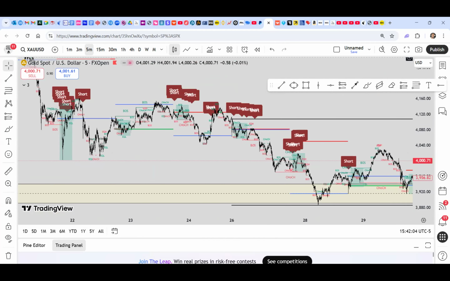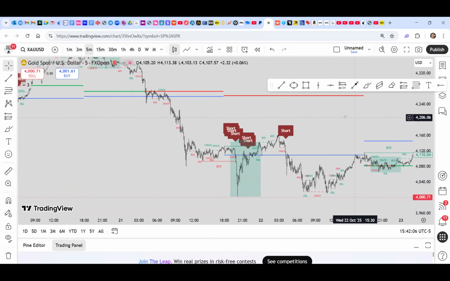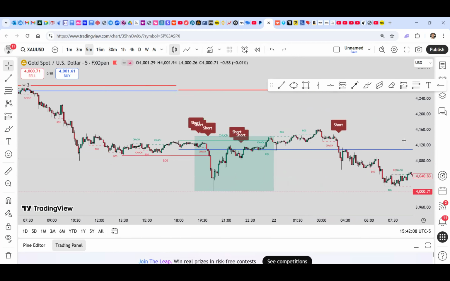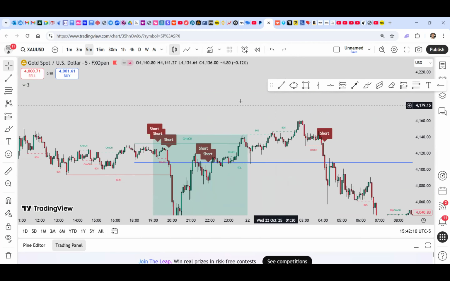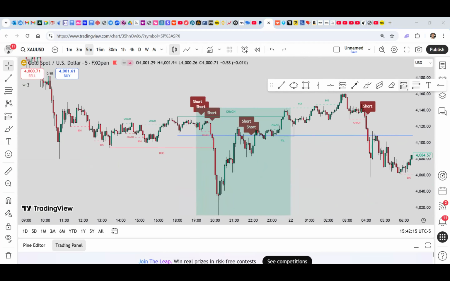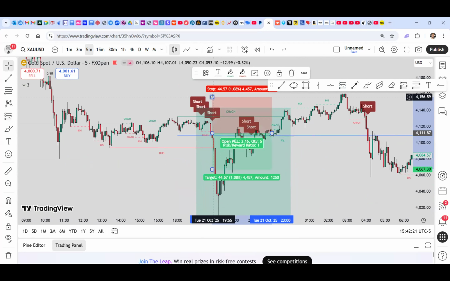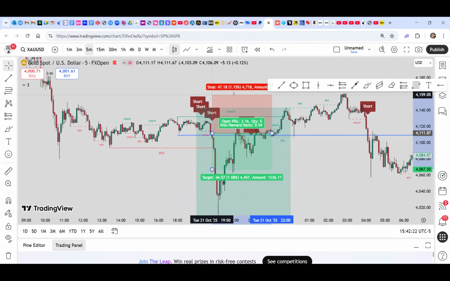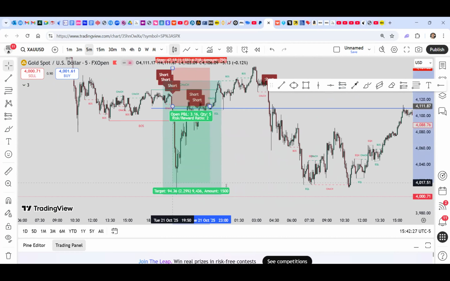So let's say I would have taken a sell somewhere around here. I would have taken a sell right here, get the short position, and I put my stop loss above here, and I'm looking to target this low.